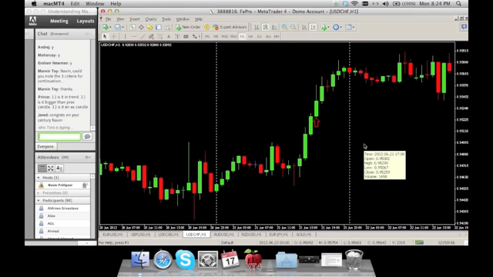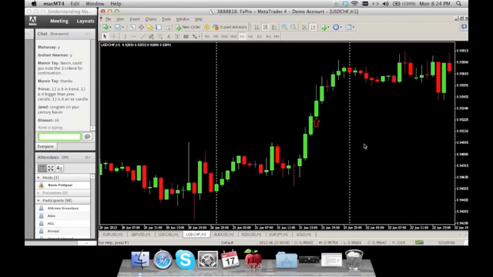This pattern here is what we call a false exhaustion pattern. This is a name I've given it. I don't know what it's really called in the real market. I'm sure there are at least 20 names for it, but I call it a false exhaustion.